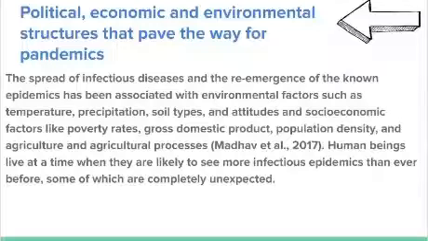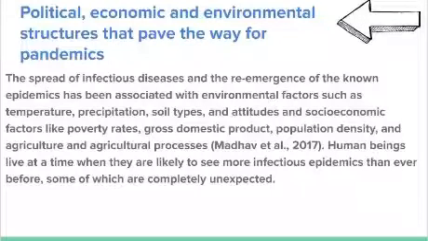On the next slide, we have political, economic, and environmental structures that pave the way for pandemics. The spread of infectious diseases and the reemergence of known epidemics or pandemics has been associated with environmental factors such as temperature, precipitation, soil types, altitudes, and socioeconomic factors like poverty rates, gross domestic product, population density, agriculture, and agricultural processes.